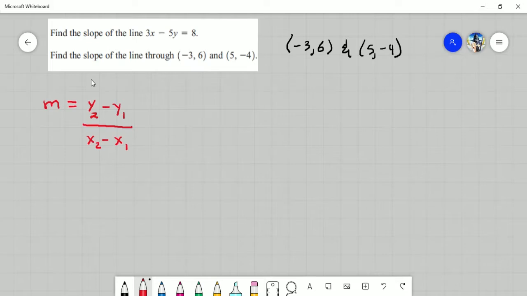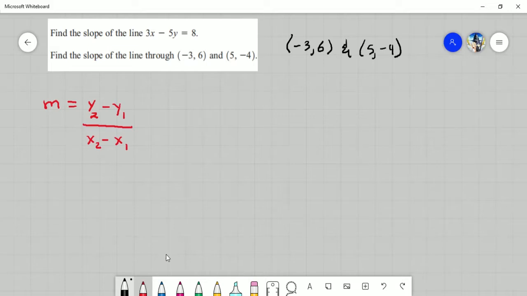What do those represent? Those variables represent the values of our ordered pairs, or our points, the (-3, 6) and the (5, -4). We know ordered pairs consist of x values and y values. So for the sake of order, the point (-3, 6) is going to be our first point, and the point (5, -4) is going to be the second point.